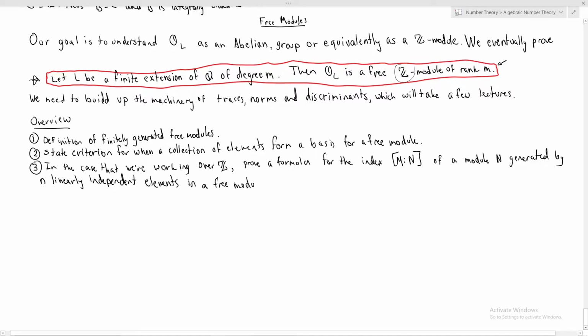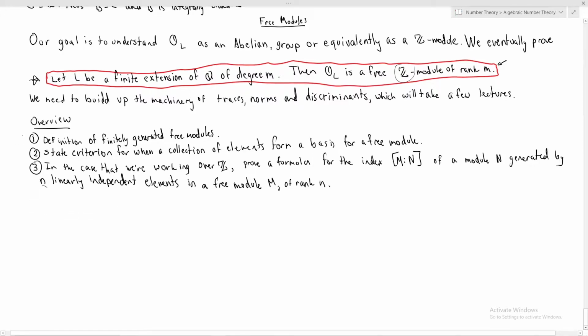Unlike in the case of vector spaces, where if I have n elements of a vector space of dimension n, they span if and only if they're linearly independent, that doesn't quite happen over Z. I can have n linearly independent elements in a free module of rank n that don't actually span, so that the index isn't 1, it's bigger than 1.